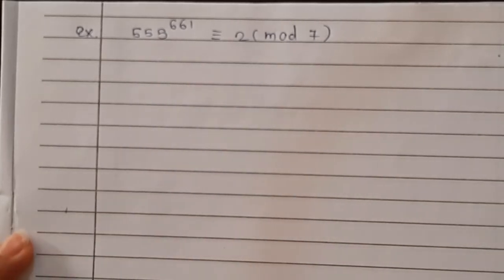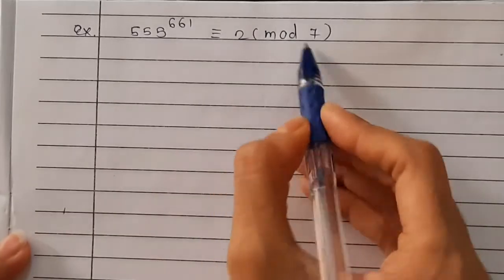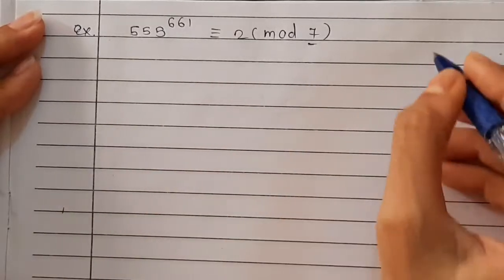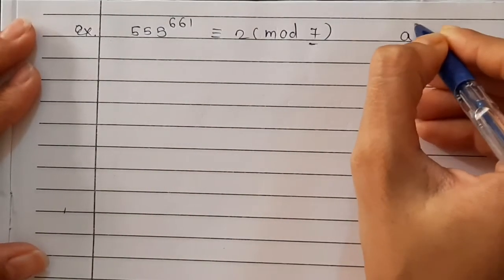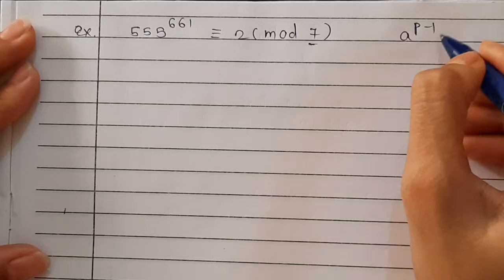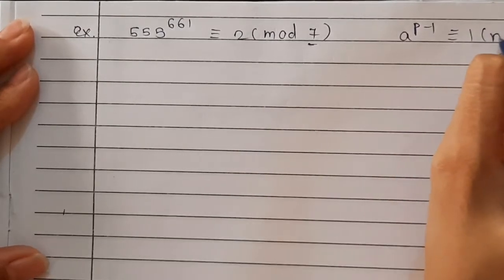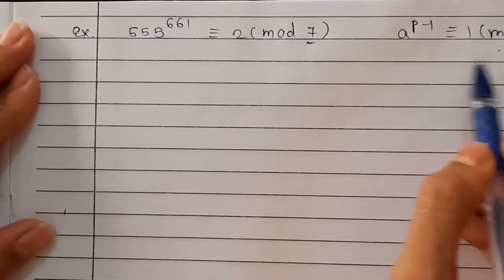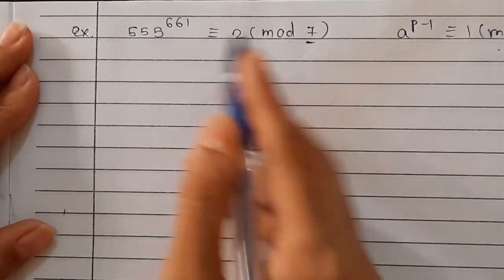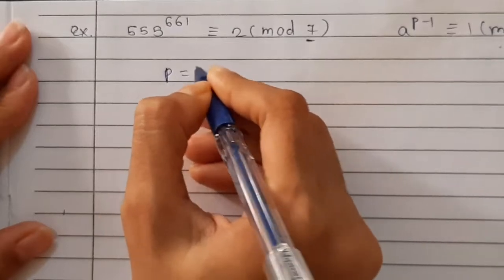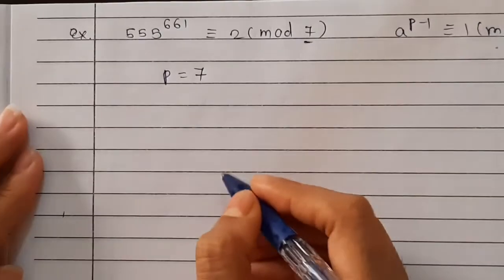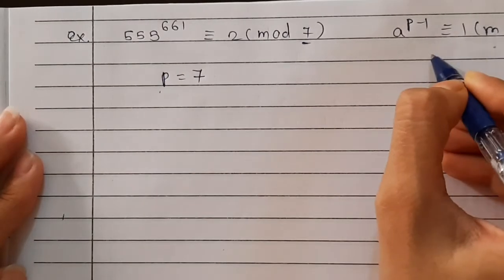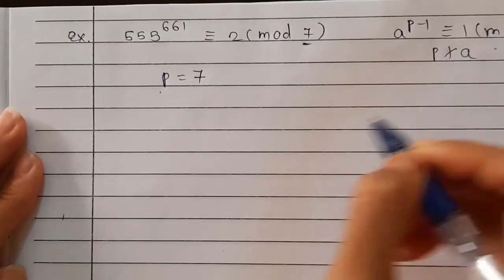How will you show that? First let us write the formula, that is a raised to p minus 1 is congruent to 1 mod p. Here p is 7, that is our prime, and here we have the condition that p does not divide a.